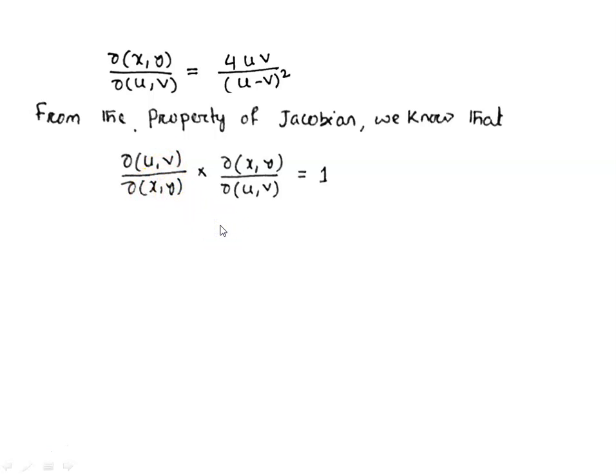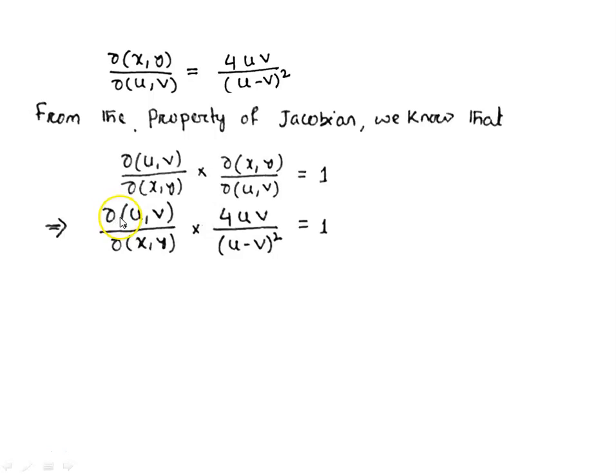Now by putting the value of Jacobian of xy with respect to uv here, we have Jacobian of uv with respect to xy into 4uv divided by u minus v square is equal to 1, because this 4uv divided by u minus v whole square is our Jacobian of xy with respect to uv.